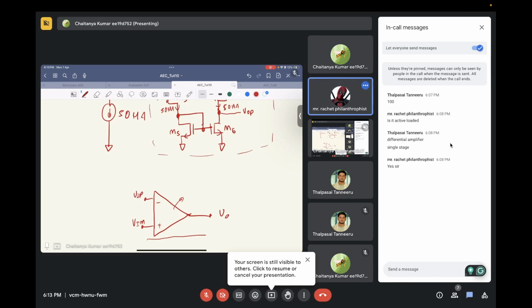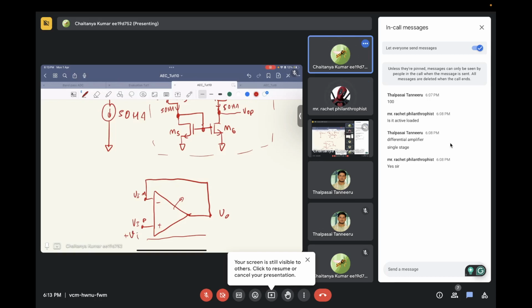Output connects to input. Sorry, this is minus and this is plus. So what terminal will you connect? The negative terminal connects to Vo, and give input at Vi. Yes, correct.